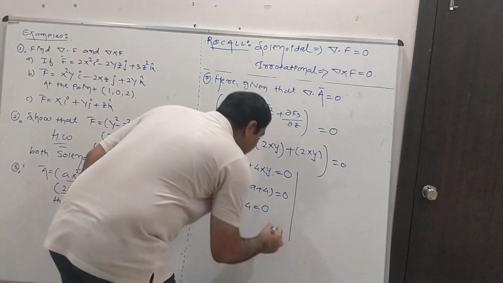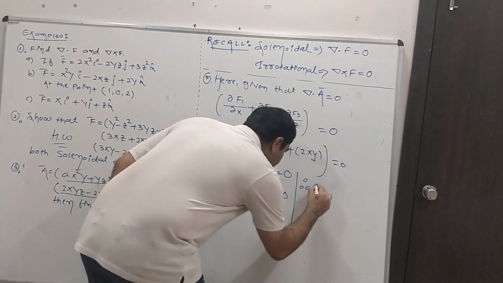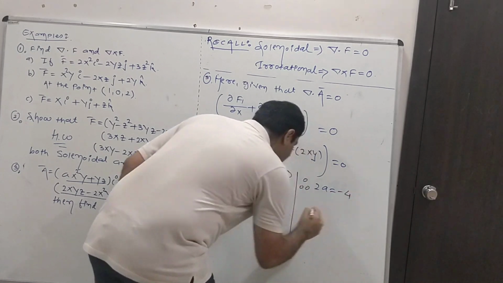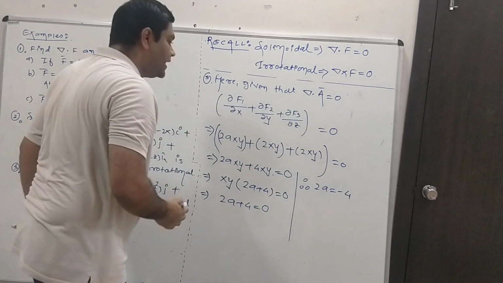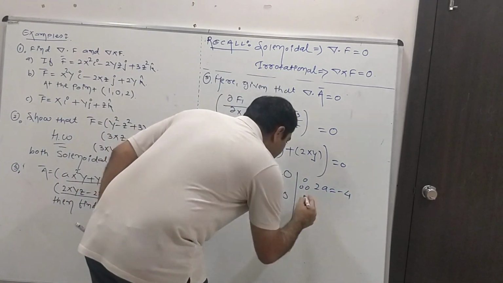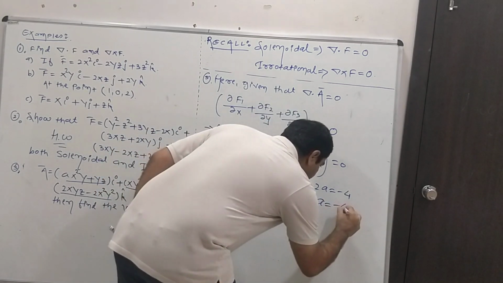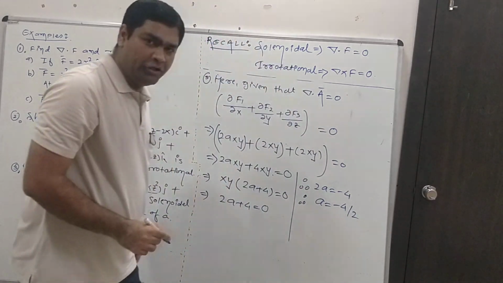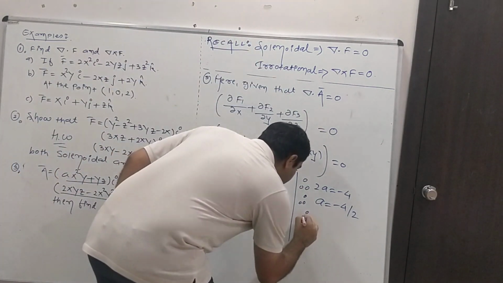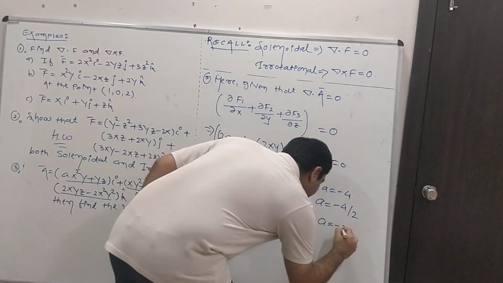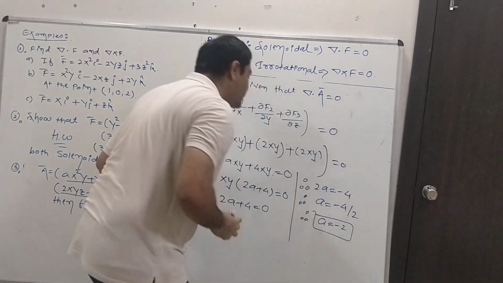Therefore, you can write 2a is equals to, plus 4 goes on this side, then 2a is equals to minus 4. Therefore, a is equals to minus 4 by 2. So minus 4 by 2, therefore a is equals to minus 2, students.